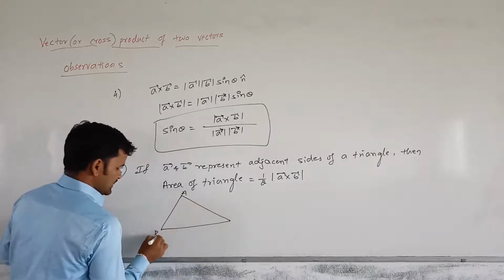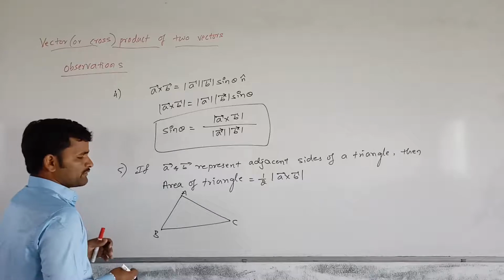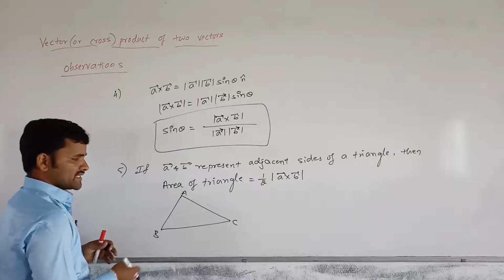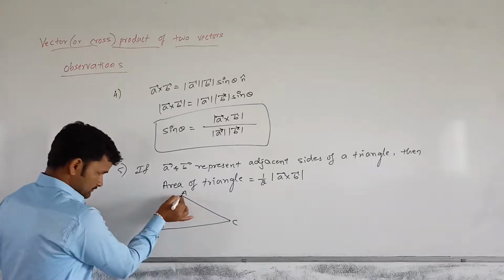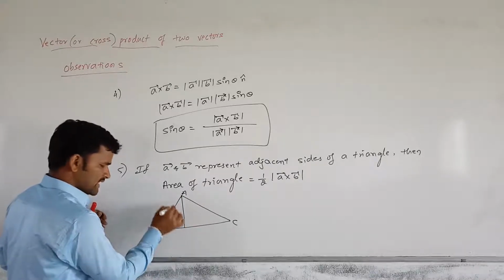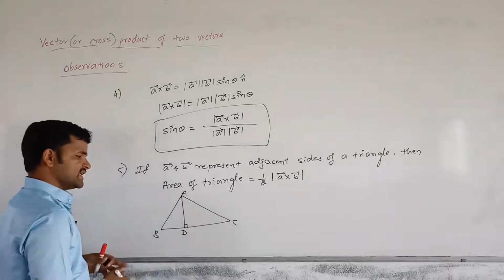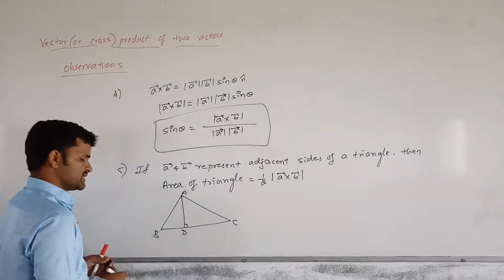A, B, C are the vertices of the triangle. Then to find its area, we need base and height. Let us draw a perpendicular from the vertex A to the opposite side BC, and let me name this as AD. AD is perpendicular to BC here.